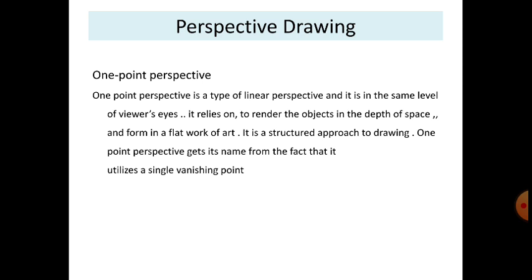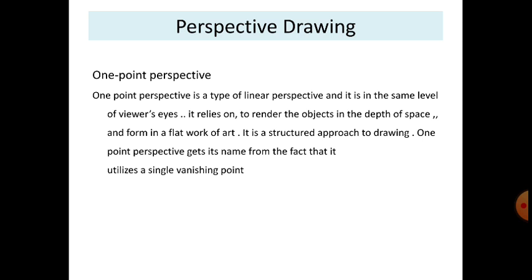now there are different types of perspective drawings. There are 1 point perspective, 2 point perspective, 3 point perspective, 4 point perspectives, and 5 point perspectives also. But we are going to understand here today only 1 point perspective and 2 point perspective. The vanishing points which we talked about in the previous slides are also called perspective points.